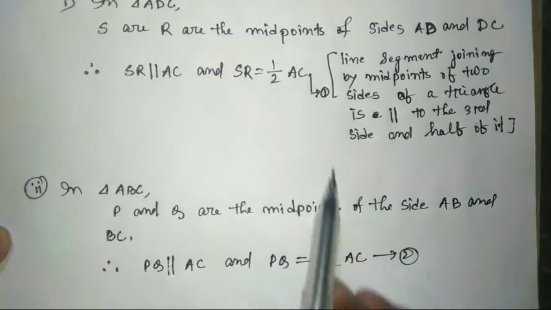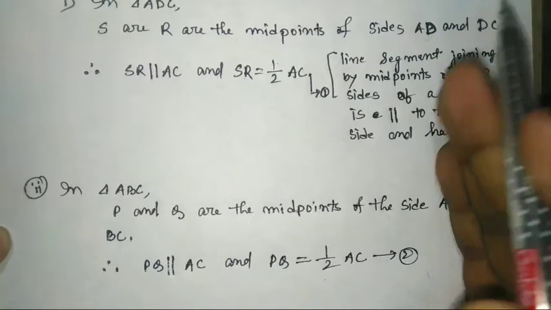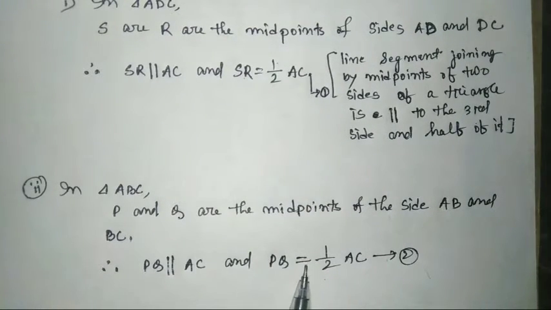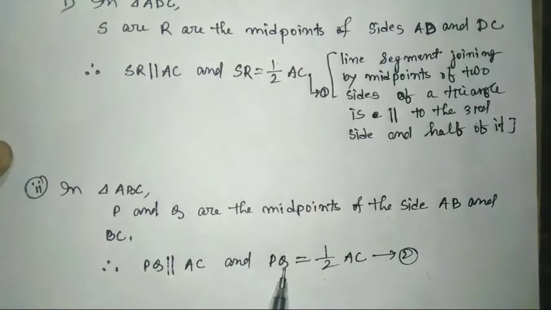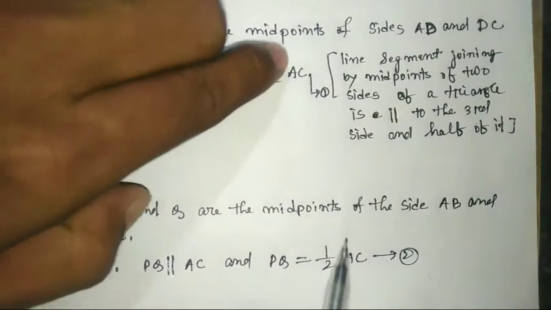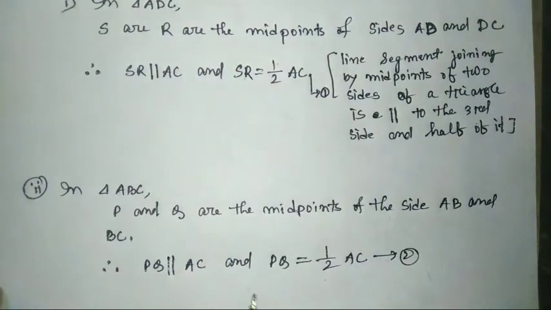That means from equations 1 and 2, we are observing that the right parts of the equations are equal, so the left parts will be equal. From Euclid's axiom we can say it, yes or not? Things equal to the same thing are equal. SR is equal to half of AC, PQ is equal to half of AC. That means these two things are equal to the same thing, so they will also be equal.